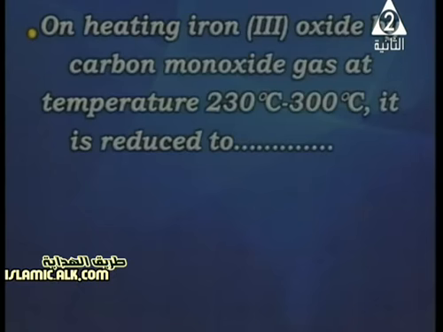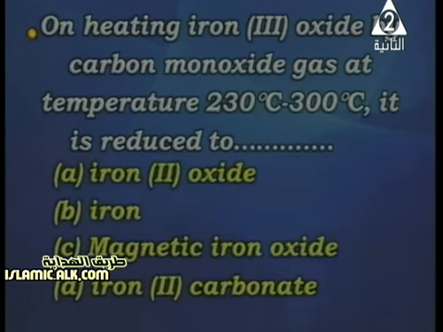Next point, on heating iron 3 oxide with carbon monoxide gas at temperature 230 degrees Celsius till 300 degrees Celsius, it is reduced to iron 2 oxide, iron, magnetic iron oxide, or iron 2 carbonate. If you write the chemical equation, my dear student, the answer will be magnetic iron oxide.